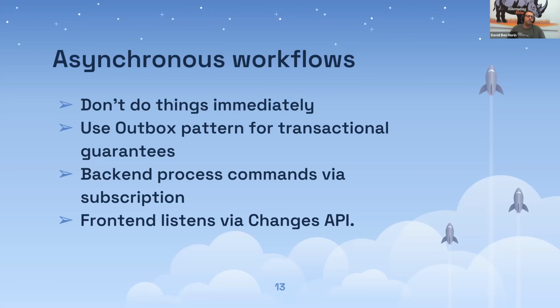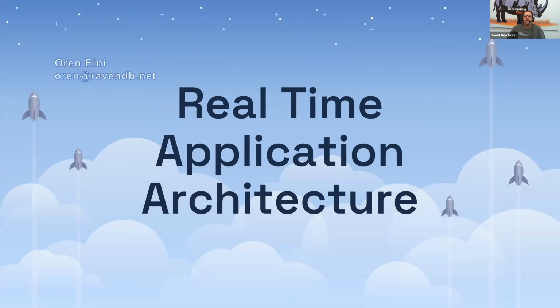The other thing that we have to consider is the overall architecture. And the overall architecture of a real-time application is that I want to do as little as possible as a result of user interaction.